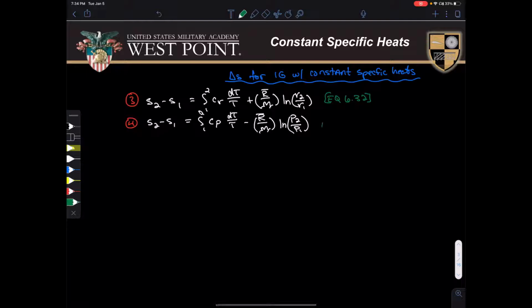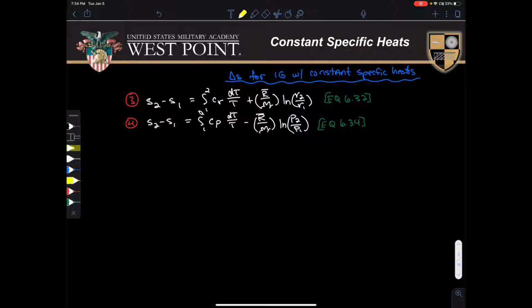And the book has this listed as equation 6.34.